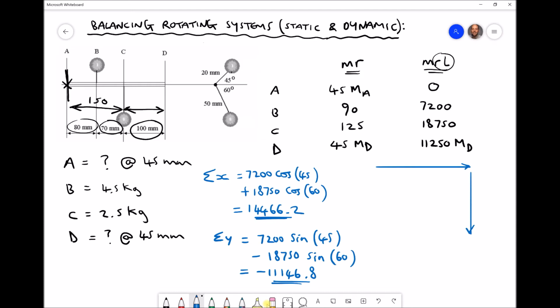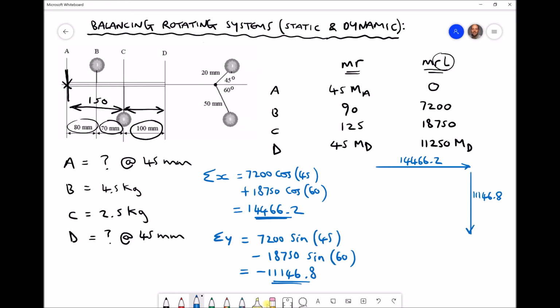Okay, so we have a positive x component, 14466.2. But we have a negative y component. That's why our y component's acting downwards there. 11146.8.